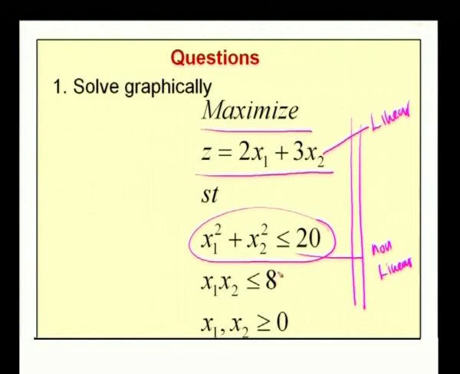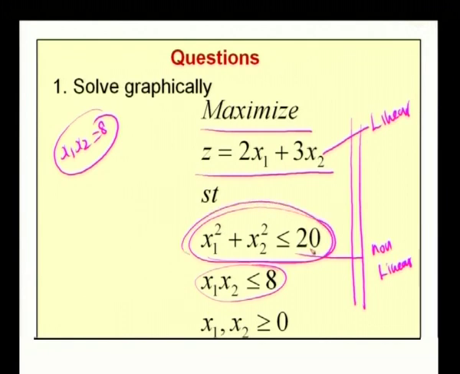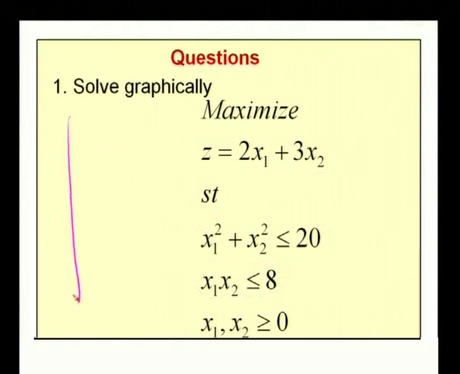Now, the equation x1 x2 equal to 8 is nothing but a rectangular hyperbola wherein the coordinate axes are its asymptotes, and the equation x1 squared plus x2 squared equal to 20 is nothing but a circle with center at the origin and radius root 20. Now, by plotting these two constraints in this graph, we have the following graph.